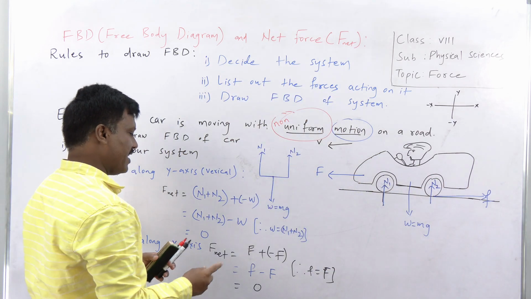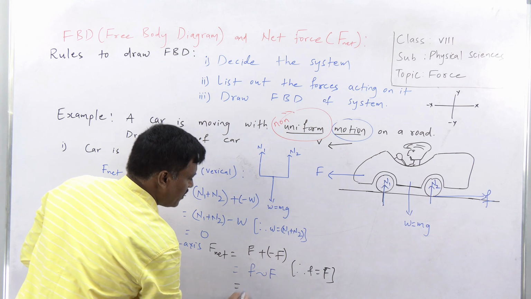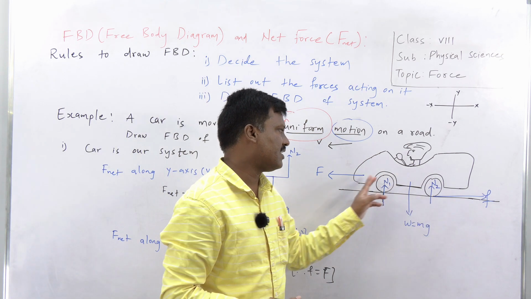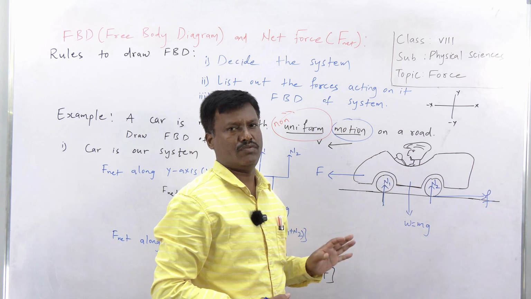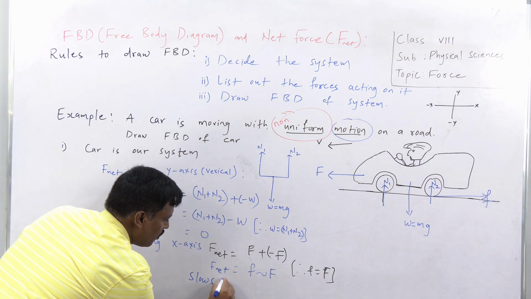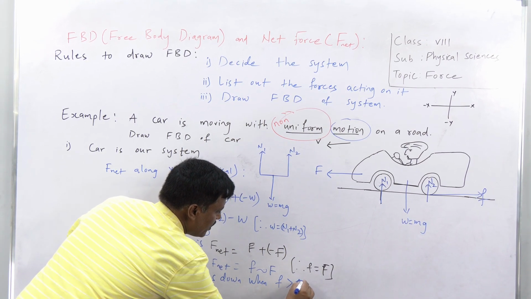The net force is equal to the difference of the two forces. If the frictional force is greater than the engine force, the vehicle slows down.